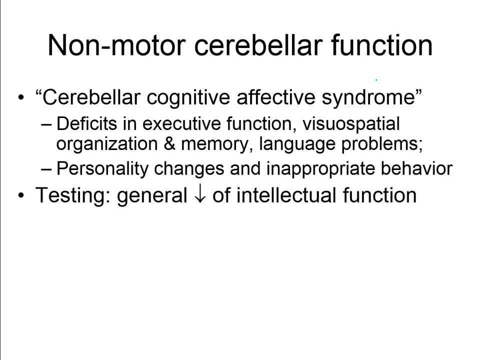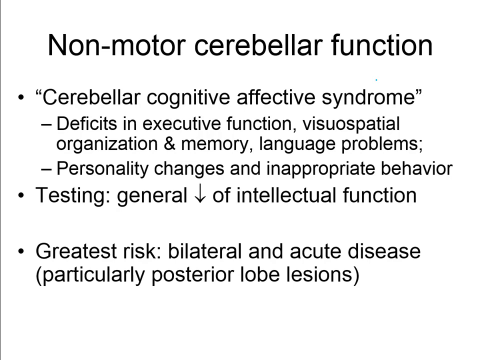Visuospatial organization and memory. Where are things in the world and where did you put things? Okay, what is where? And language. And then also personality changes and inappropriate behavior. Okay. If you generally test them, they basically don't come out with very clear specific deficits, but they're just not quite as sharp as they once were.